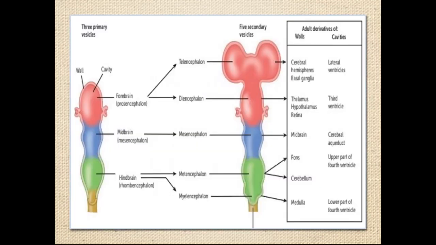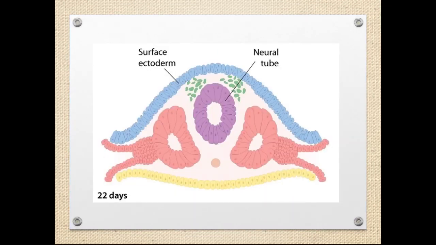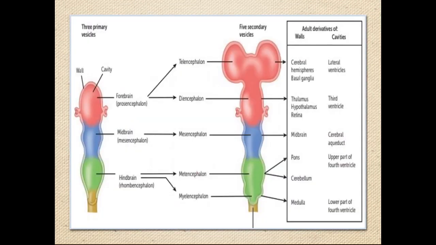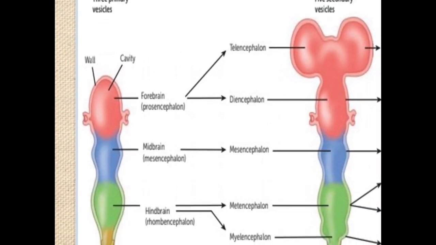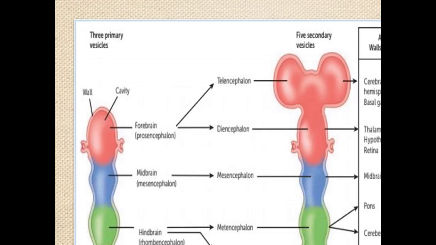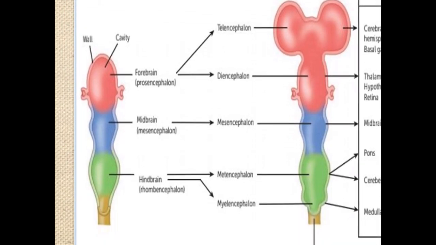Now, if we look at the nervous system, it is made up of three primary vesicles, the red one, blue one, and the green one.